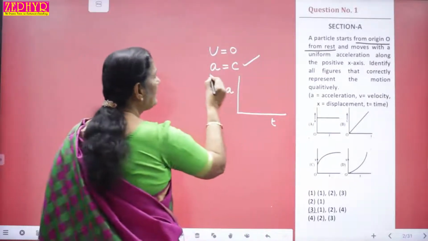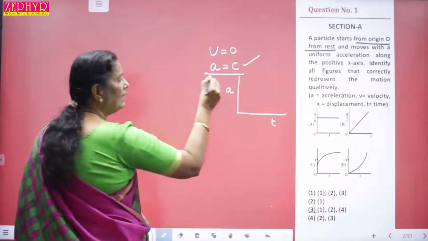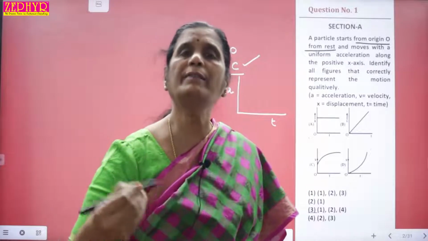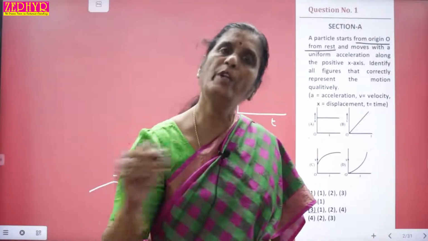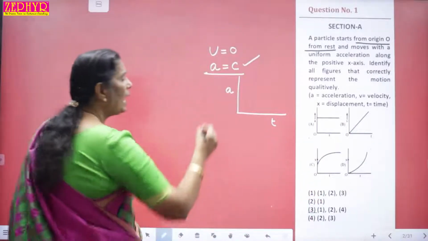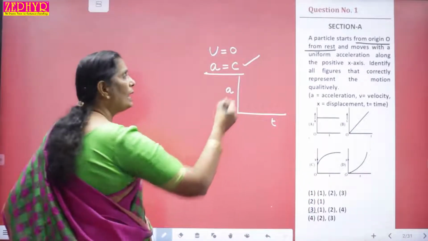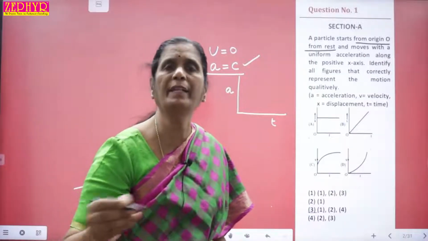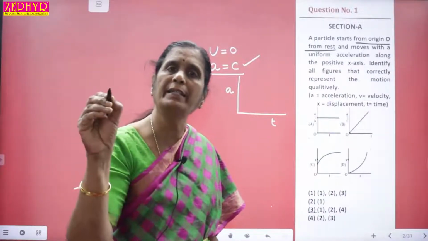See the data. The data says acceleration is constant. That means as time increases, acceleration is uniform. There is no change in acceleration. Acceleration is plotted along the y-axis, t is plotted along the x-axis. t is increasing, but acceleration is constant.